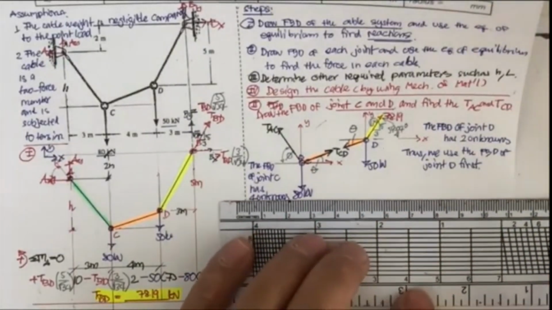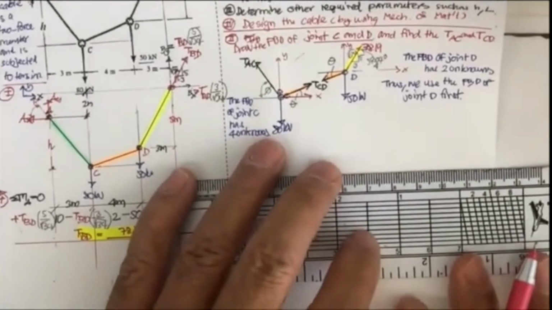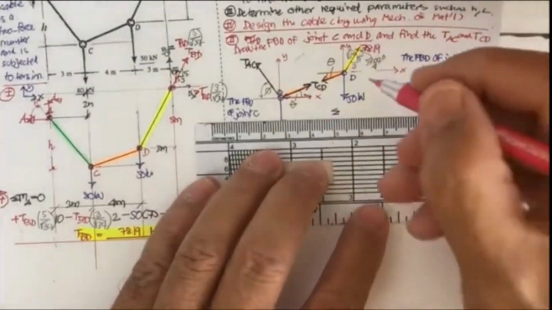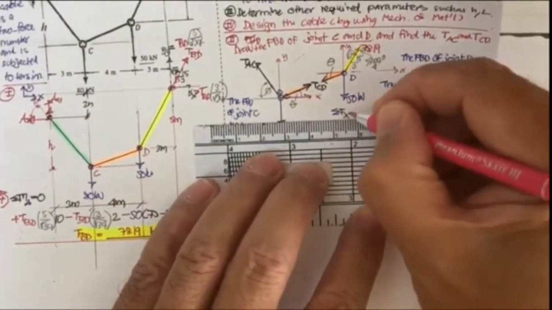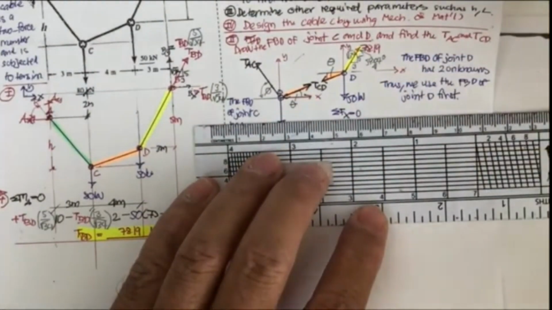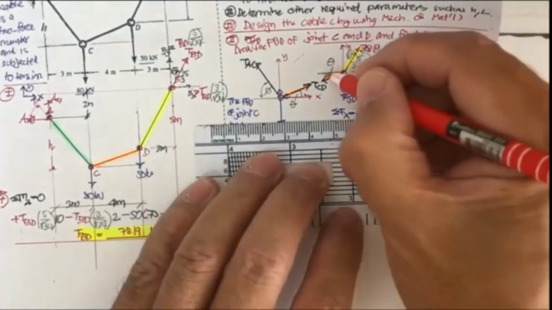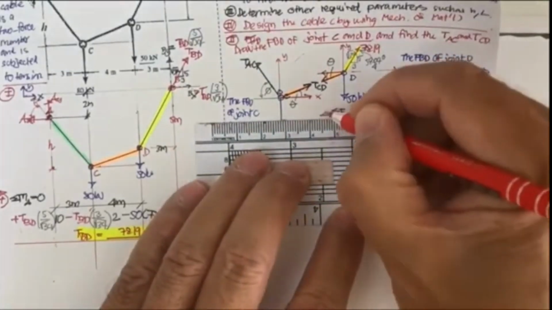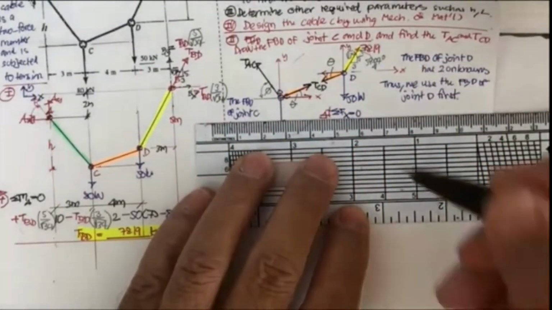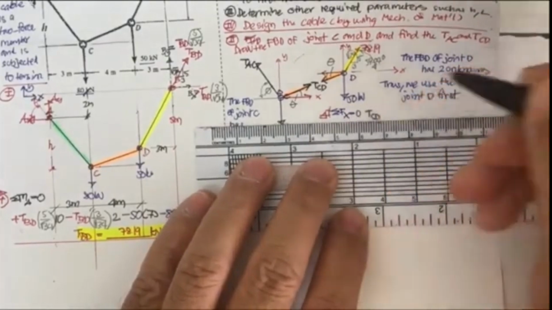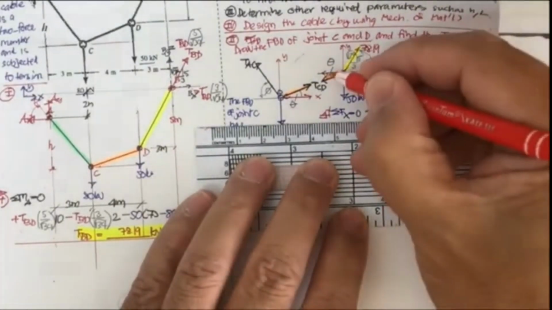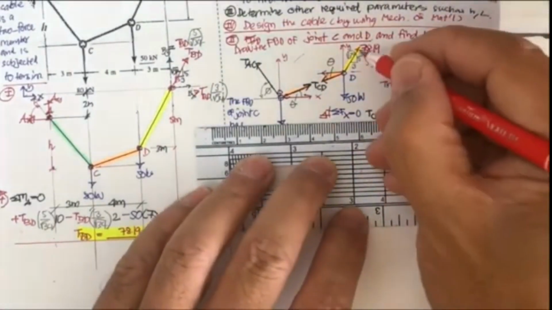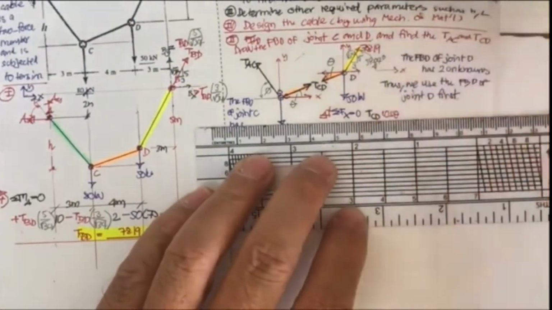If you use the free body diagram of joint D, let's move it a little bit here. You may start by summation of f sub x equal to 0. If you put this one in f sub x equal to 0, you may project this. Okay, this is going to be the unknown force. So put this one as positive, and then you get T sub CD cos theta. And also, if you project this one into this direction, it's going to point like this.